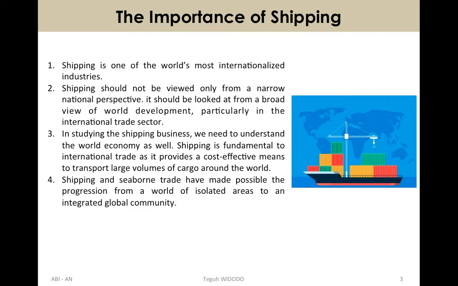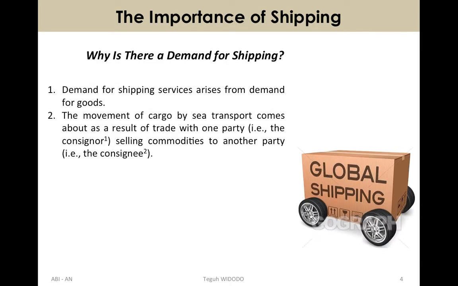And the last item is shipping and seaborne trade have made possible the progression from a world of isolated areas to an integrated global community. And then why is there a demand for shipping? There are two reasons that cause a demand for shipping.